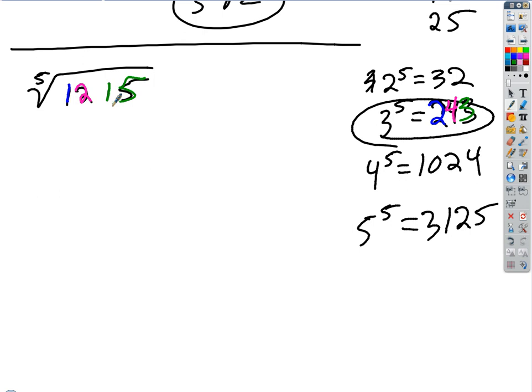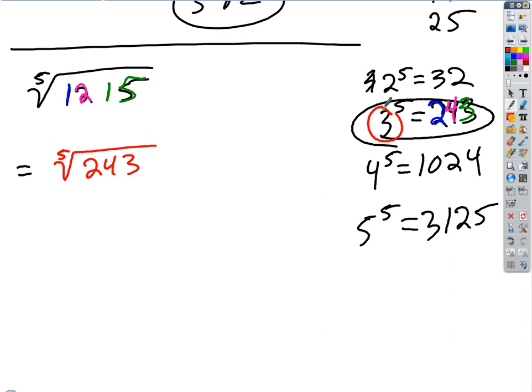Okay, so then that does work, right? We can break this up. We can break this guy up into the 5th root of 243, which is what? 3. Right? That's just the 5th root of 3 to the 5th.